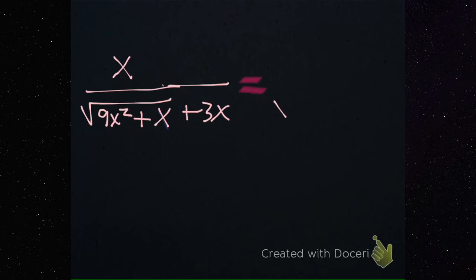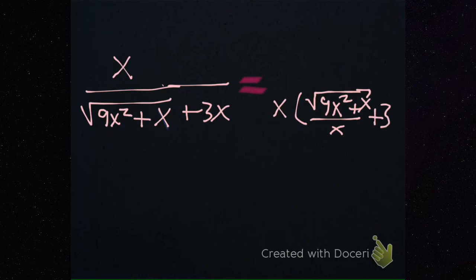I'm saying factor an x out of that denominator. Then you're going to be left with the square root of 9x squared plus x, divided by x, plus 3.